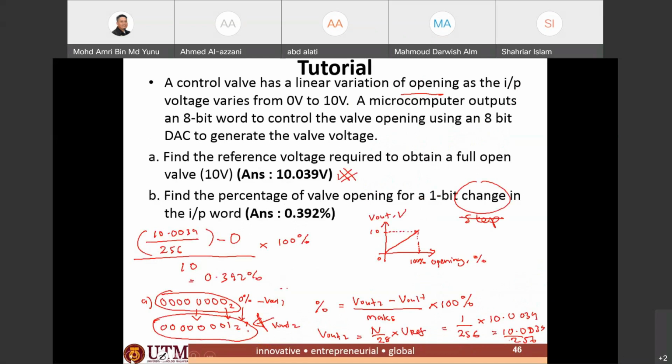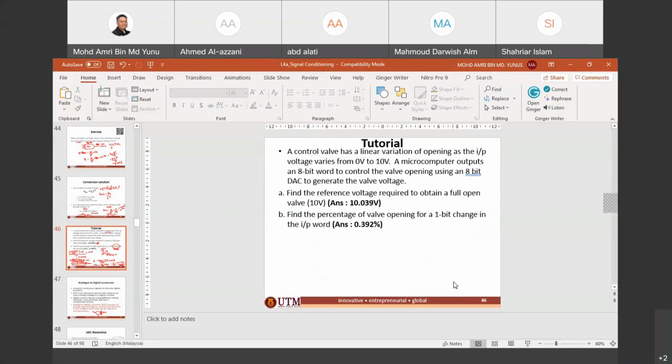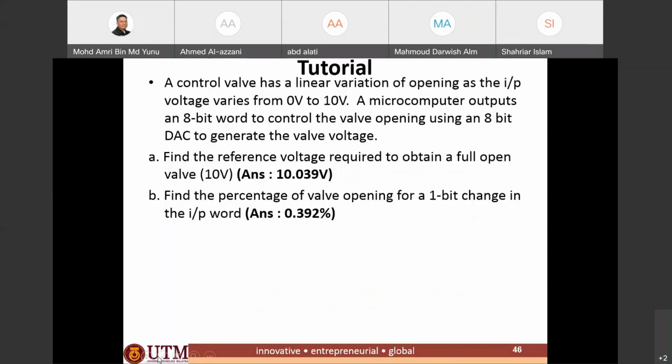So in this example, this example shows us a control valve which is controlled by a microcontroller.